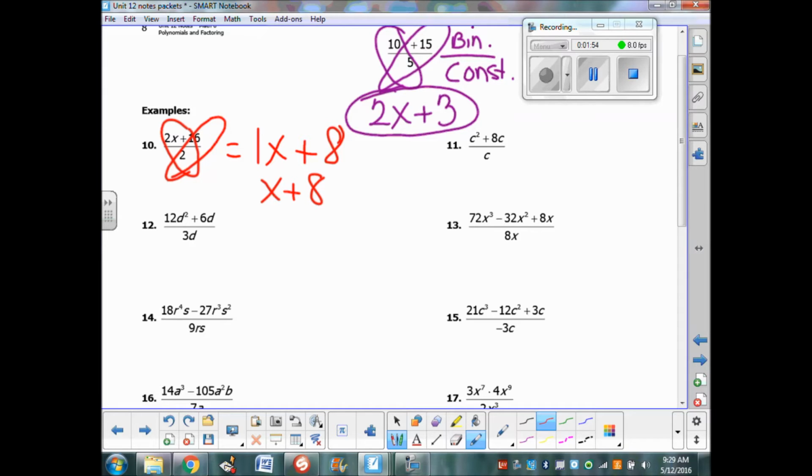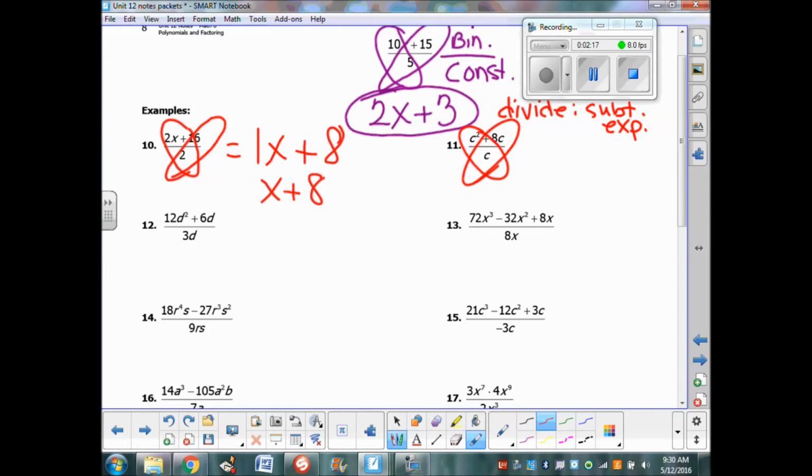Now, an exponent rule that maybe we need to be reminded of: when you divide, you subtract exponents. So a little reminder there. I'm going to draw what I've got to divide by.